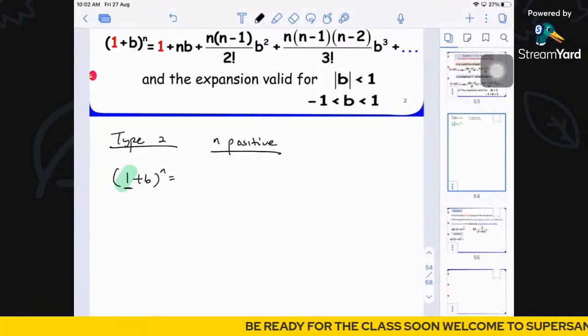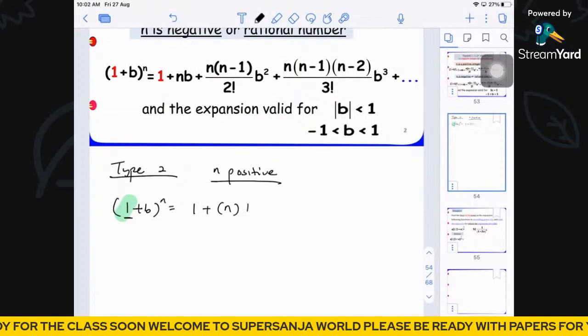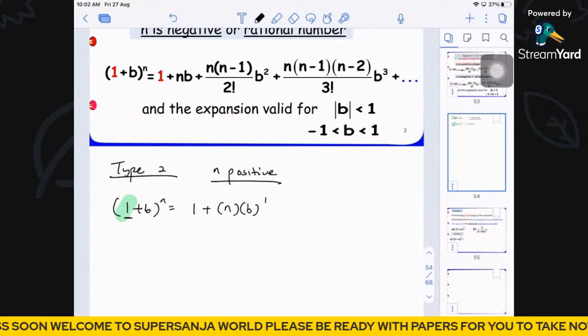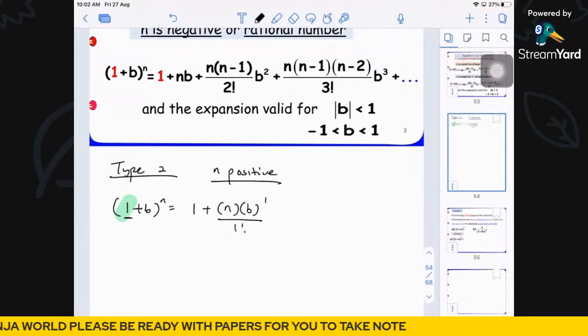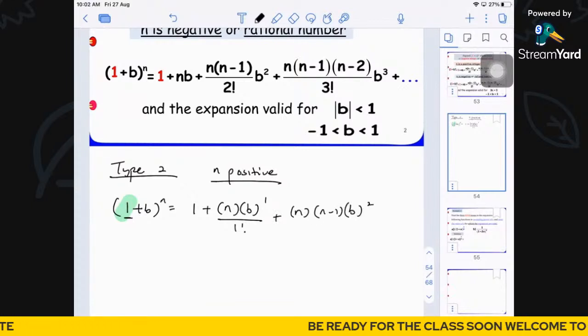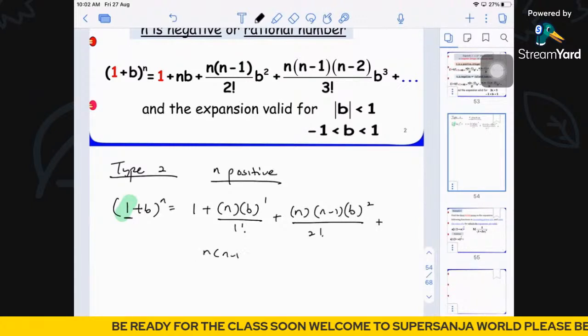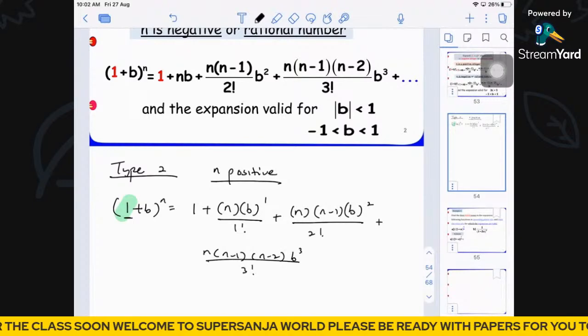So our formula will become 1 plus n b power of 1 over 1 factorial. 1 factorial is 1, so if you never write also is okay. Then plus n minus 1 b power of 2 over 2 factorial plus n minus 1 minus 2 b power of 3 over 3 factorial.